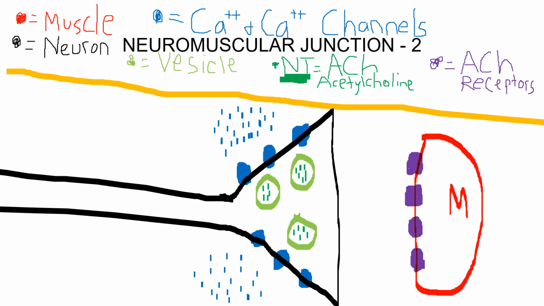It can be something like a sweat gland. It doesn't matter what. But if a nerve talks to something else, it's called a synapse. So this whole picture is called a synapse. And since we're talking about muscle, we can also call this synapse the neuromuscular junction. It's pretty much the same thing.